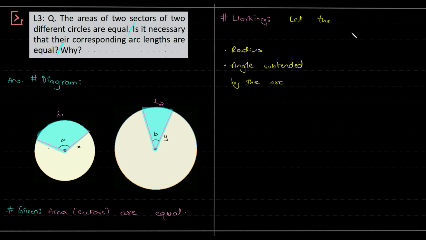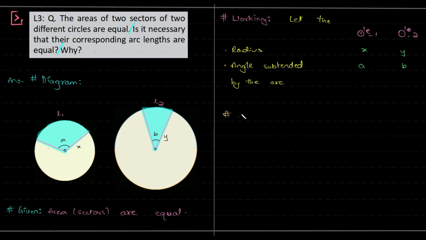So this is, say, circle 1 and this is circle 2. Circle 1 and circle 2, right? Okay. So what do we have? We have the radius to be x and this is y. This is A and this is B.